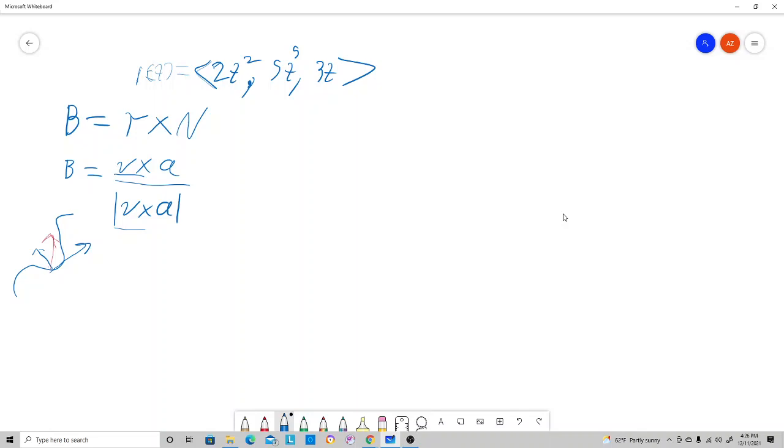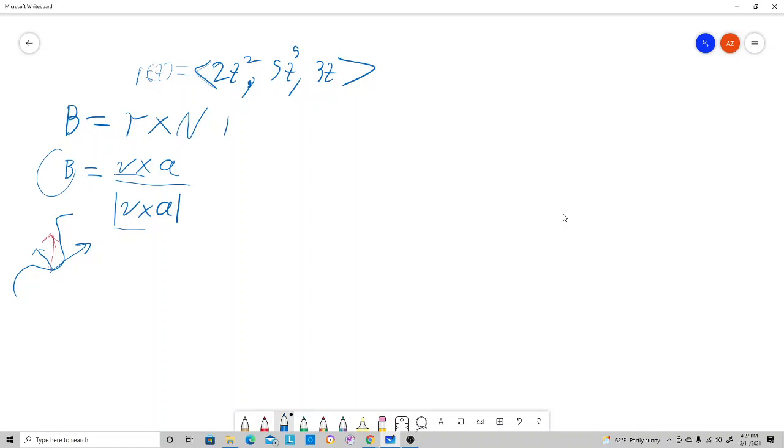Remember, the tangential unit vector is just r prime divided by its magnitude, times the normal, and the normal can be calculated as the derivative of the tangential over the tangential magnitude. So I'm just going to use this formula because we're going to use all those derivatives.